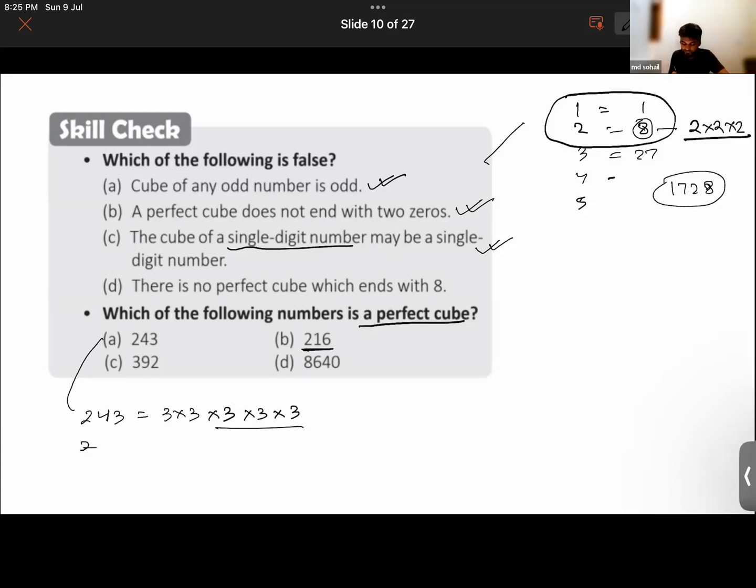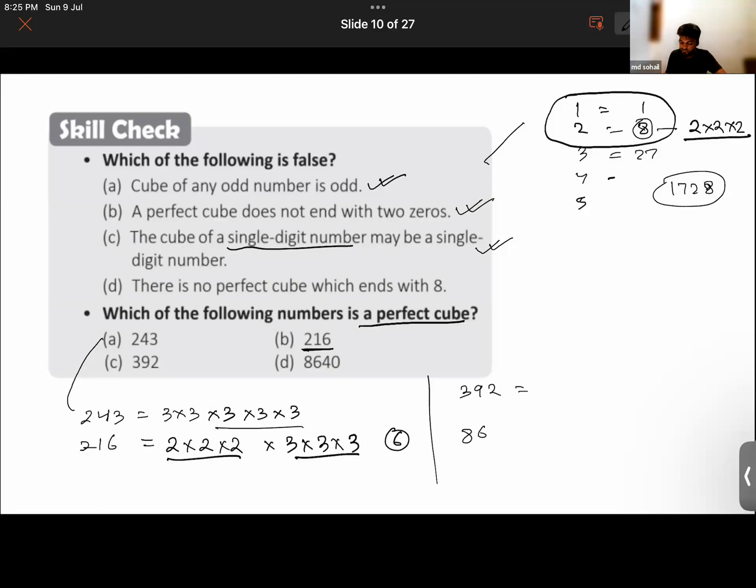Sir, this is the perfect cube. Yes, right. So it is the cube of 6. Now check for number 392.